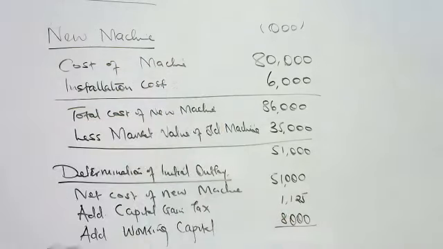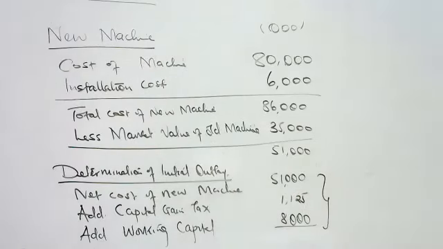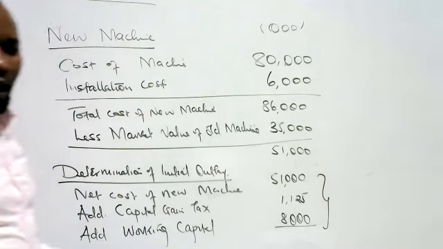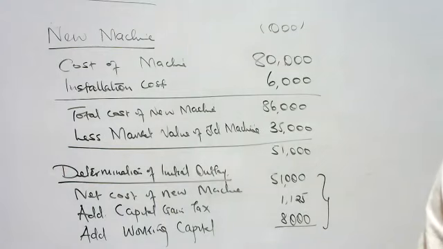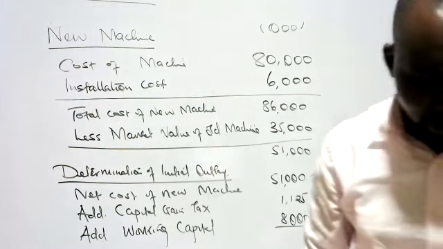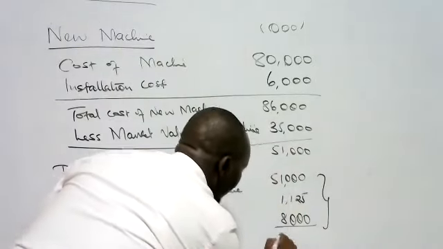So how much is the initial outlay? How much is the initial amount that left your wallet? The initial outlay. $60,125.